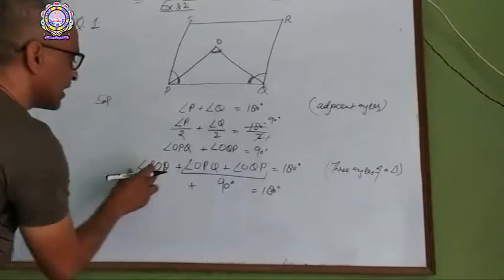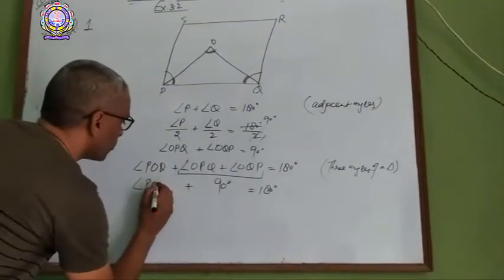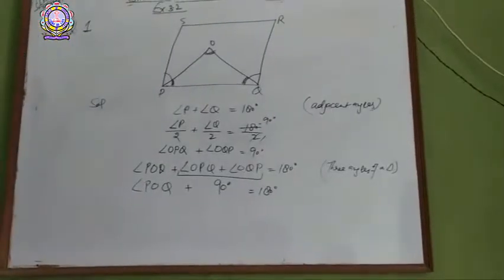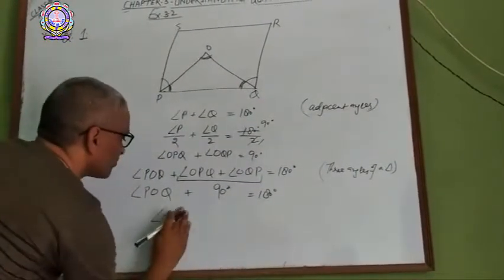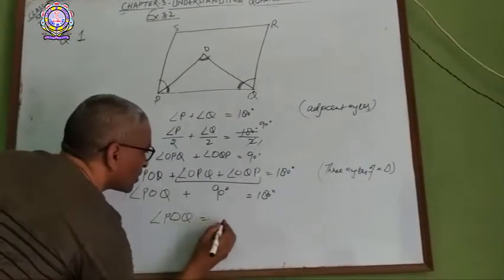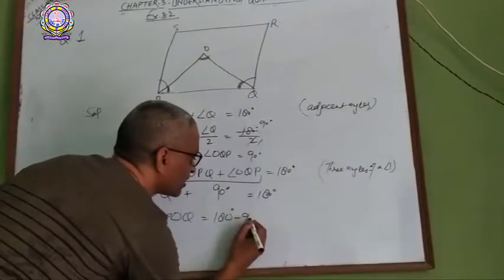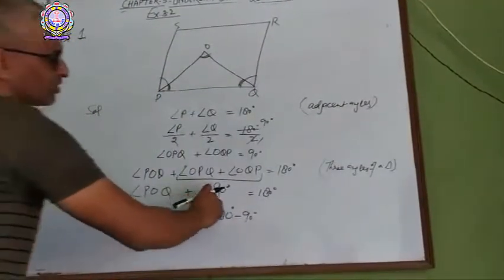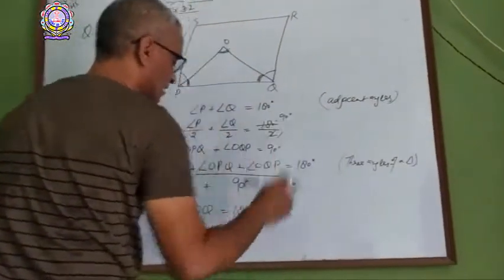Angle POQ must be equal to 180 degrees minus 90 degrees. When we transpose this 90 degrees to the right-hand side, it must be minus.